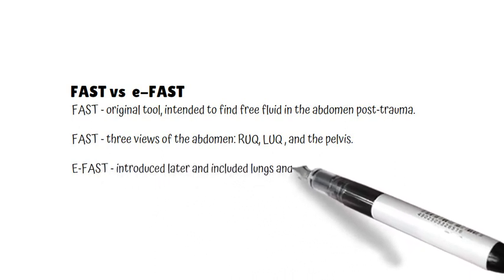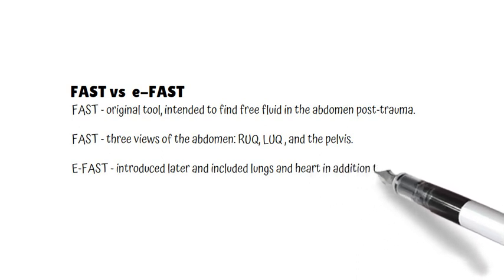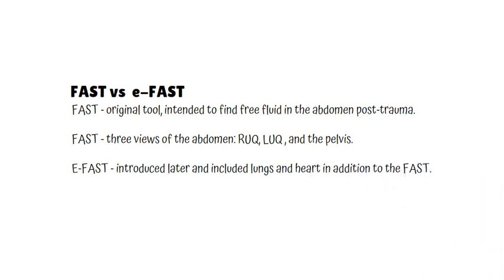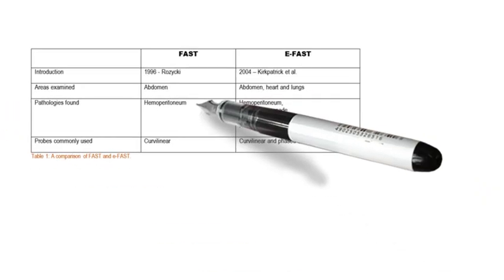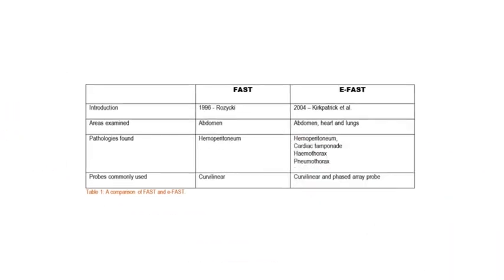Extended FAST, which was introduced later, included lungs and the heart in addition to the traditional FAST. This table briefly summarizes and compares FAST to eFAST. It can also be found on the Mzantsi Medics website.